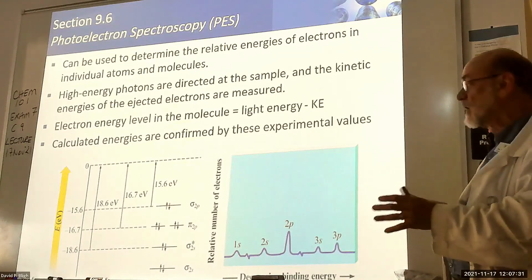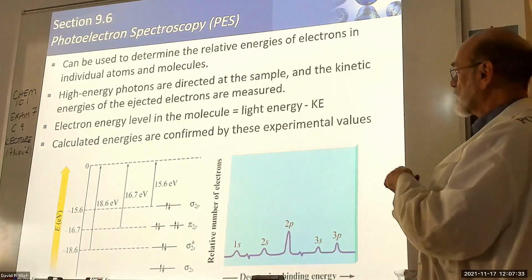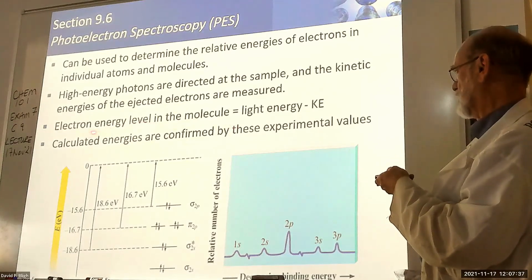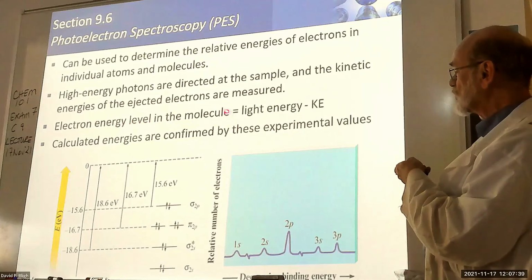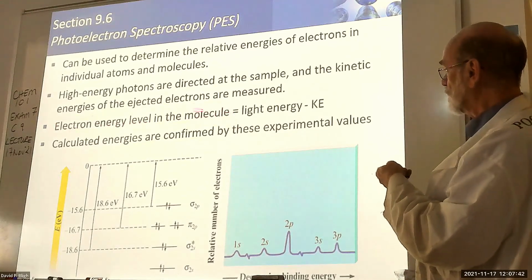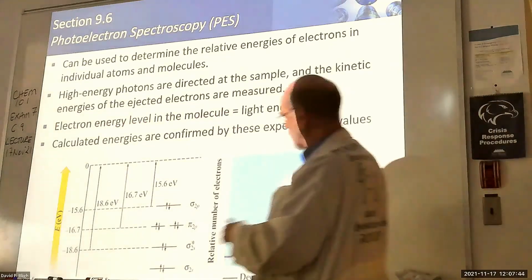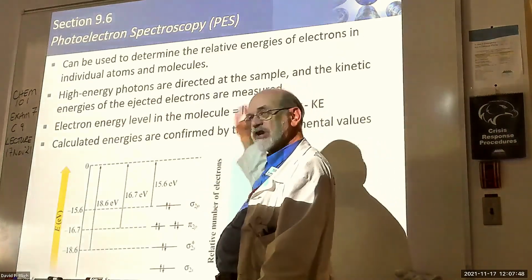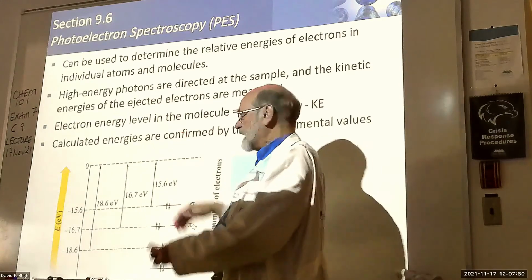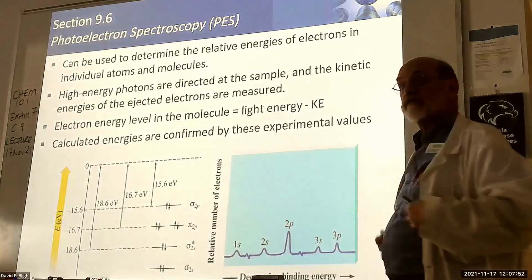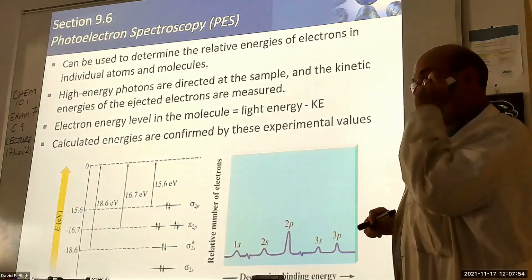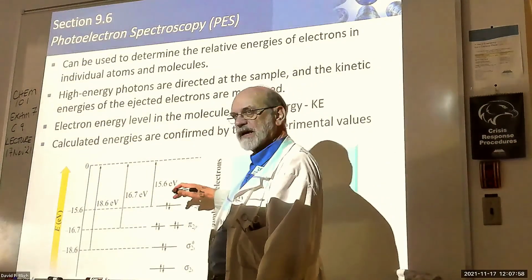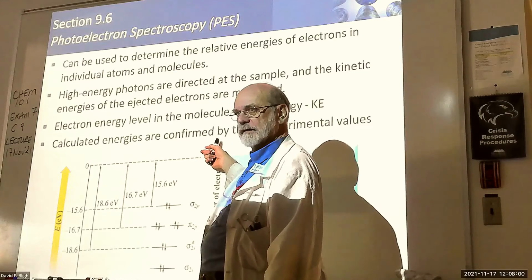So for molecules, we fire high energy light at them. The energy level of the electron in the molecule, if it's a higher energy level, takes less energy from the light to make it eject. And then following the photoelectric effect description, a certain amount of energy is required to eject that electron, to send it to infinity.